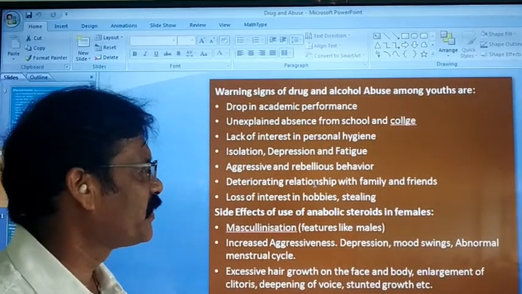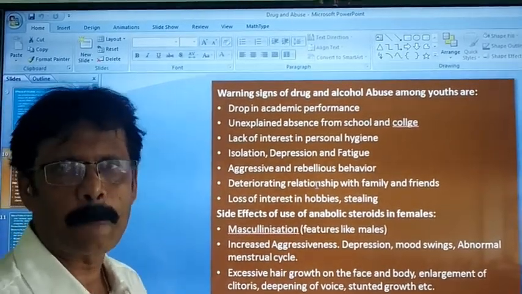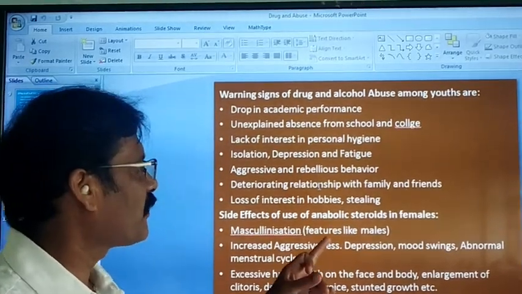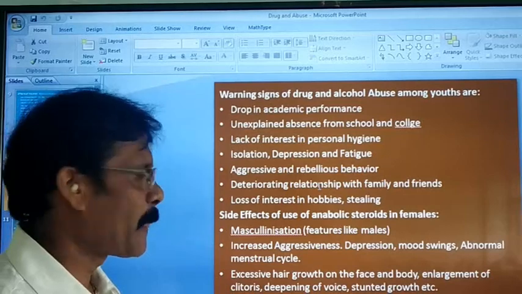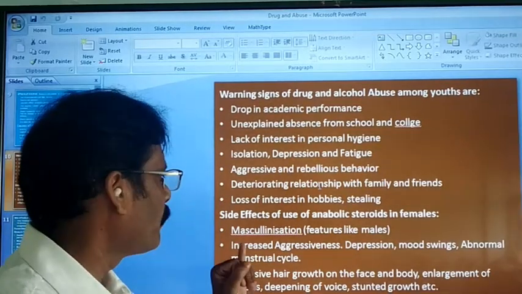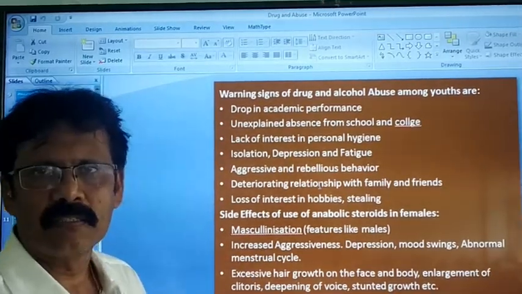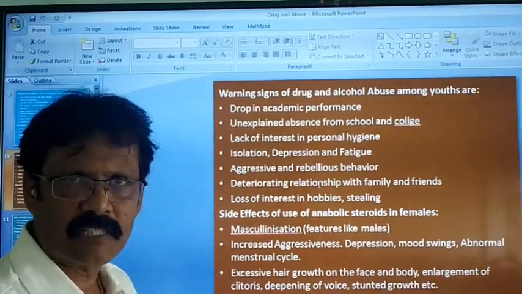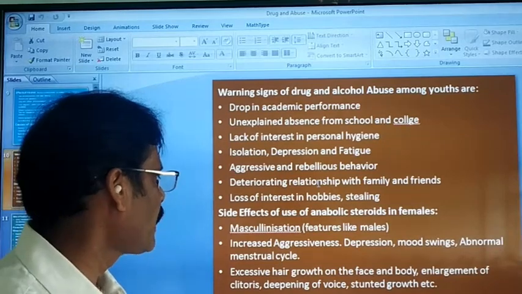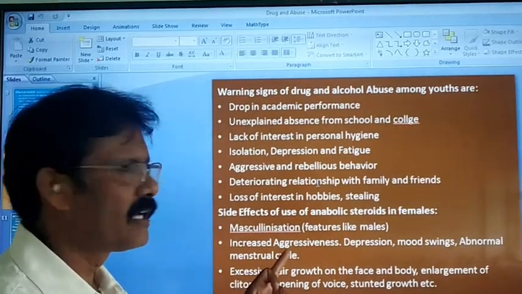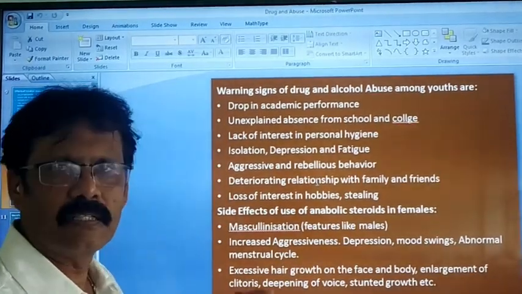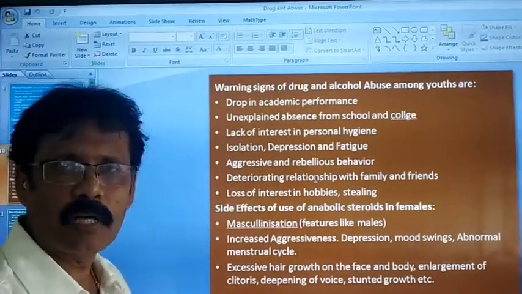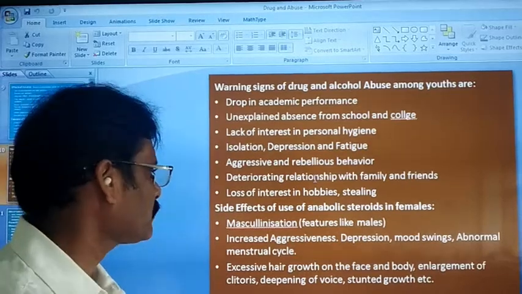The side effects of the use of anabolic steroids in females. Number 1, masculinization. The female develops characteristic features of a male. Next, increased aggressiveness, depression, mood swings, abnormal menstrual cycle.